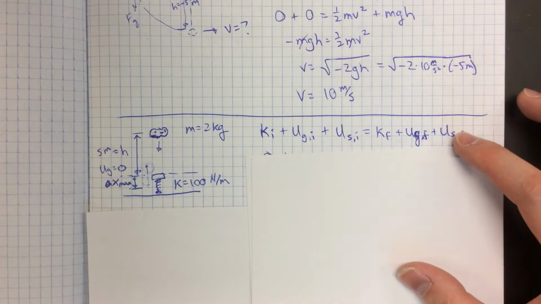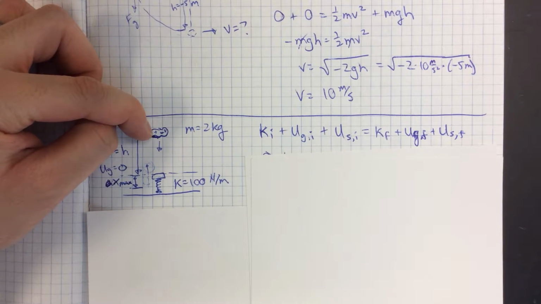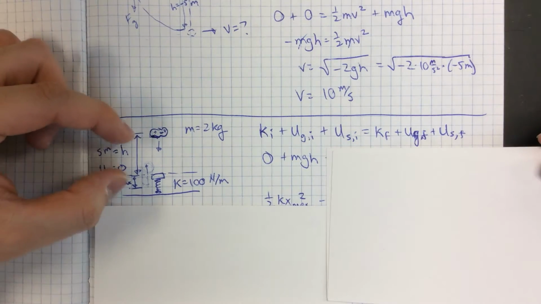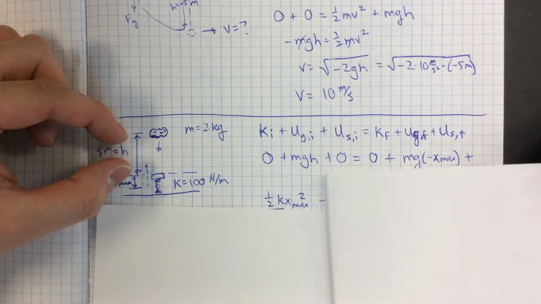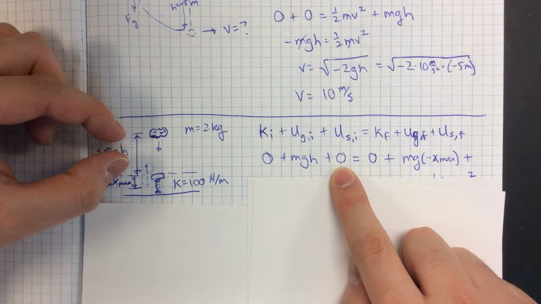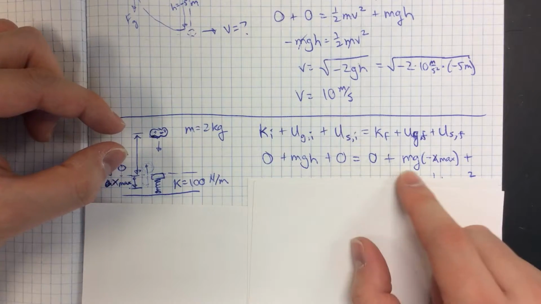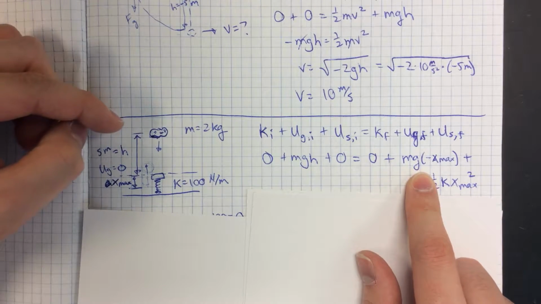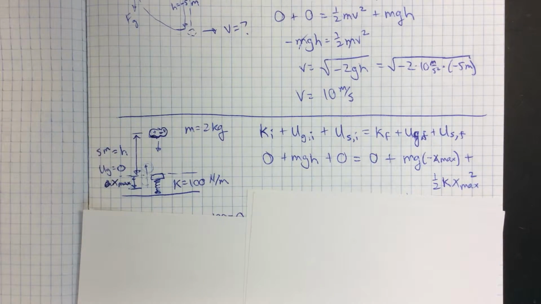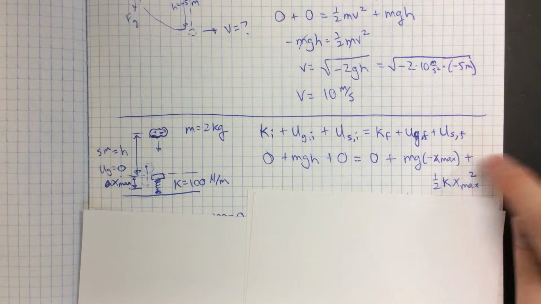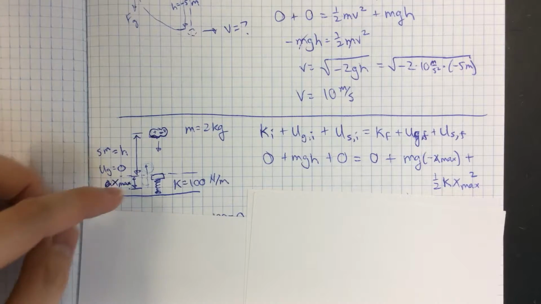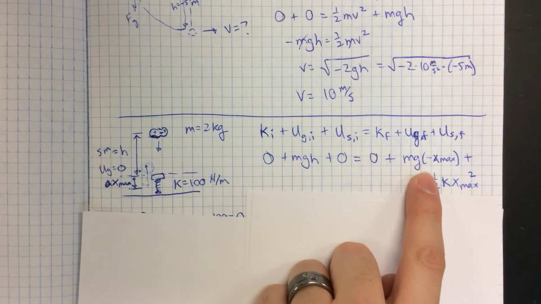So, if we look at where it starts, if it is dropped, there's no kinetic energy. It starts with that much gravitational potential energy. There's no spring potential energy yet, it's not compressed. And then it just turns into... Now, one thing to point out is that as the spring compresses, by the time it has compressed all the way, it is below the zero gravitational potential energy line.